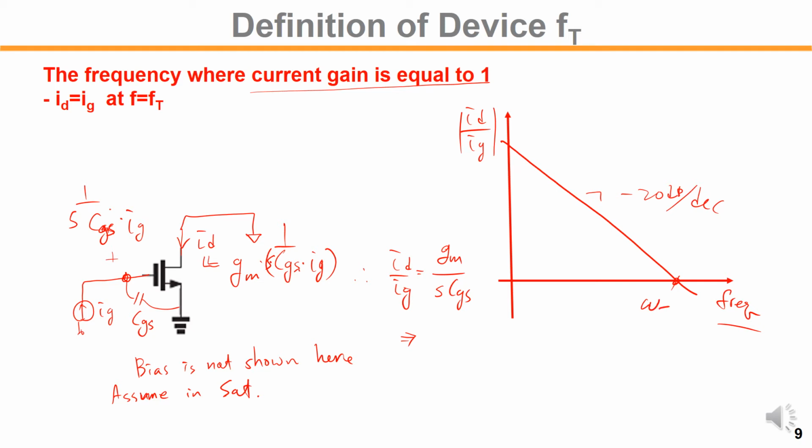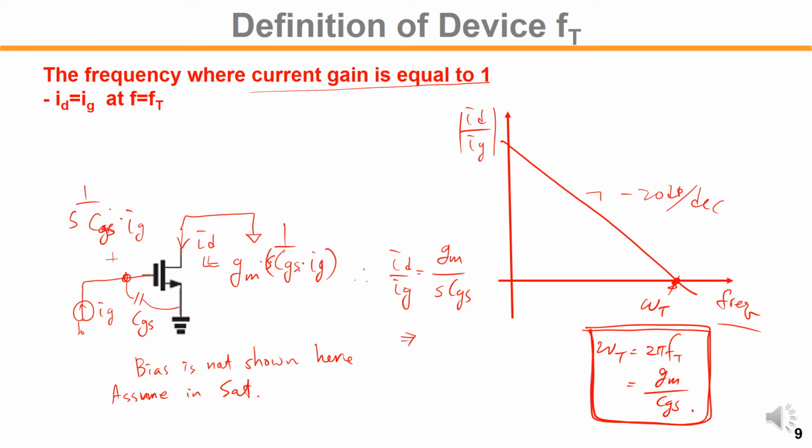So omega t, where omega t equals 2 pi ft, is GM over CGS, right? At that ft, the current gain is equal to 1. This is the definition of the ft, omega t.